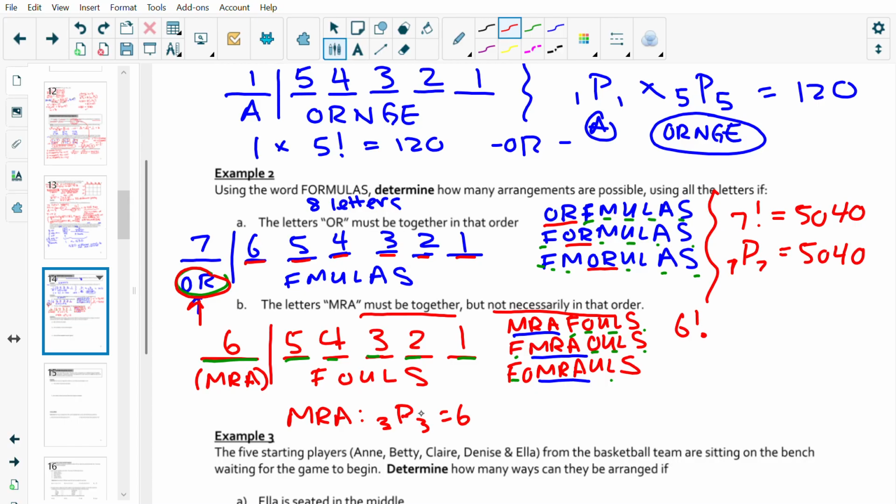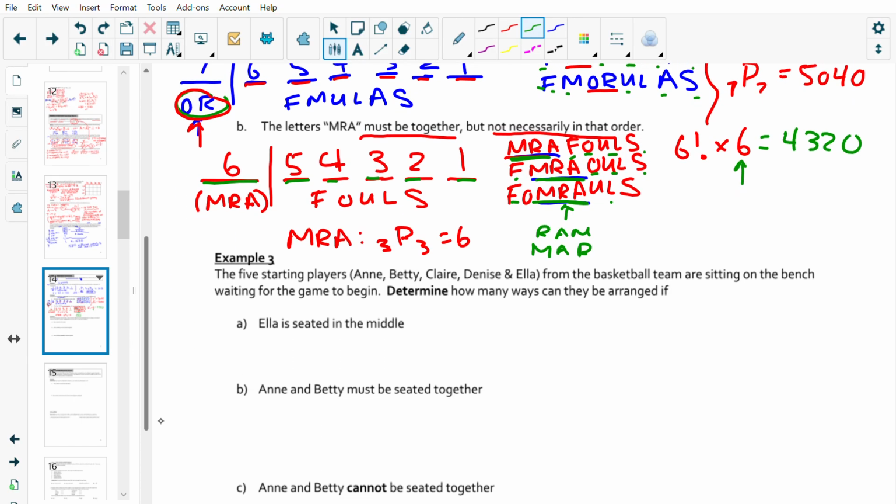The arrangement of letters MRA can be permuted 6 different ways. So I have to multiply by 6 because as the MRA moves around, and all the other letters move, that MRA can also be RAM or MAR. And that's accounted for with this 6. Okay, so 6 factorial times 6 is 4,320 possible arrangements.